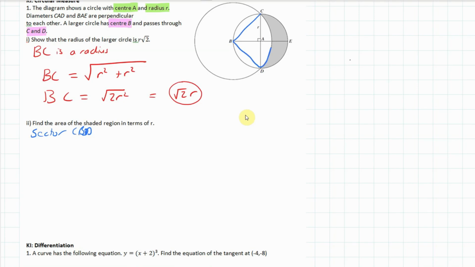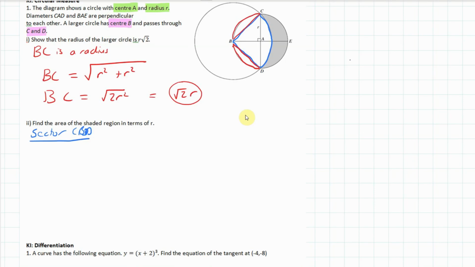So I'm going to find the area of this. Then I'm going to try and find the area of this and the area of this. And then I'll subtract that from the circle centre A. So let's work on the blue bit, sector CBD.